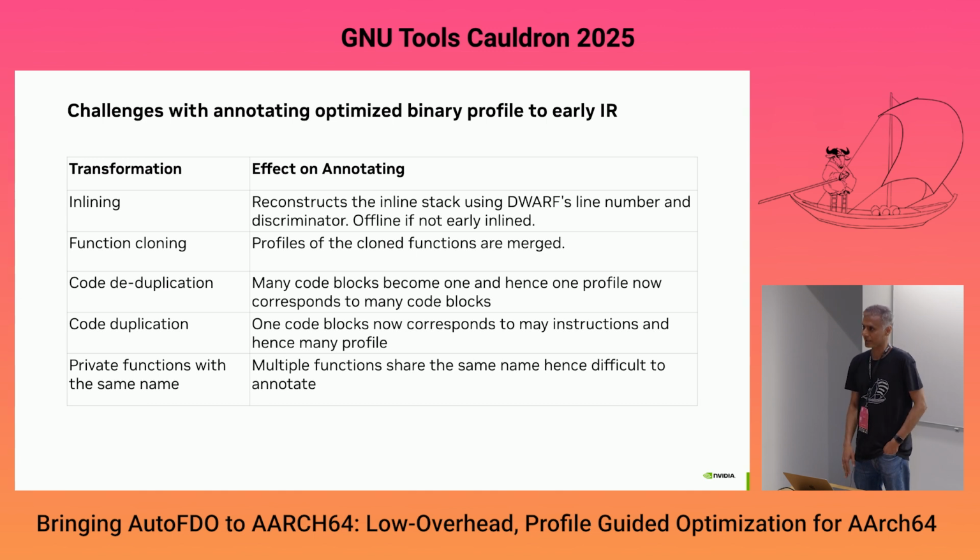Honza has also implemented an offline pass, which does a lot of clever changes to handle cross-module optimizations, cross-module inlining and things like that. For cloned functions, we would end up having multiple profiles for the same function, so that has to be merged back. That we do right now.